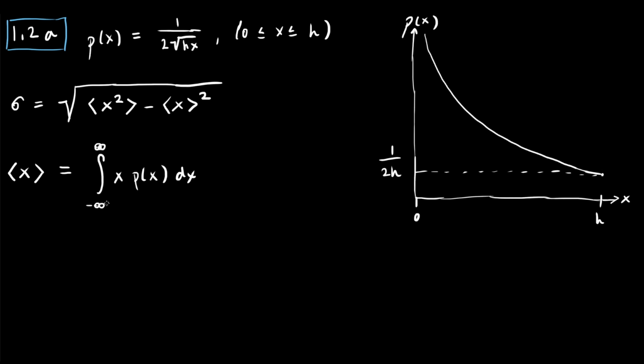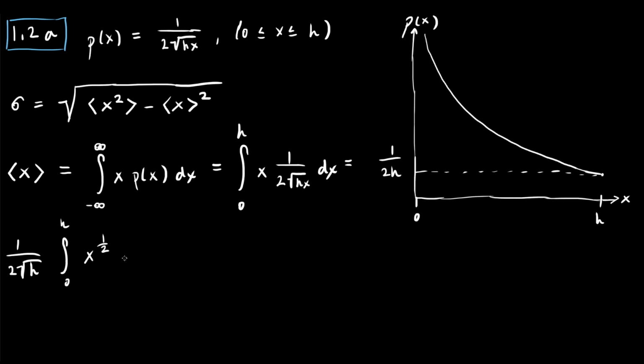But since we know that this function is bounded from 0 to h, we could change these intervals to 0 to h, and then we plug in p of x. We take the parts of the function that are not a function of x, which is 1 over 2 square root of h, and then this will be x to the 1/2 dx.